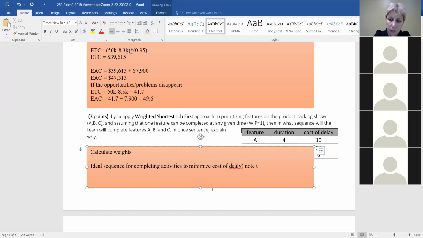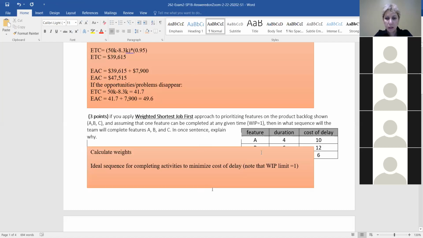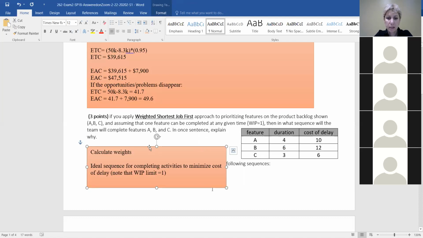Note that the WIP limit is 1. So I will leave you with this, give you a minute to complete it, and we're going to do the table of cost as we did it last time.